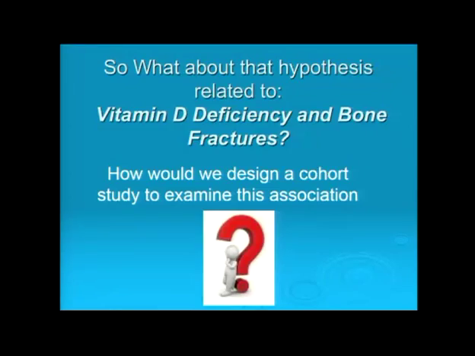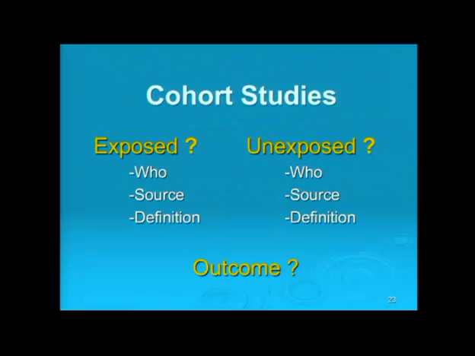We now may say, let's move on to a cohort study to study this association. Now I'd have to pick people who are exposed and people who are unexposed. So I might take people who had a battery of blood tests and it has been identified that their vitamin D is low, and a group of women who have normal vitamin D. Maybe I'd get them from hospital records.